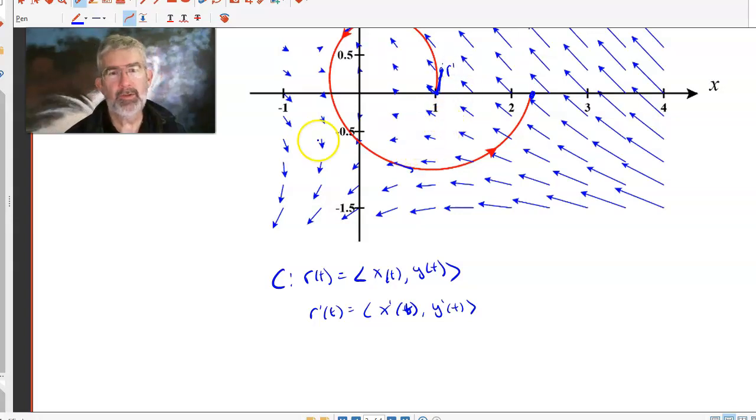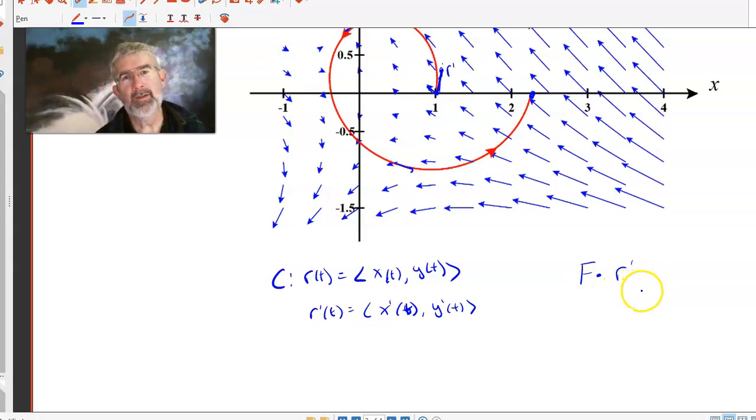Now, I don't want to just dot the force field with r prime, because that's not going to be the component of the force in the direction, since this would need to be a unit vector.